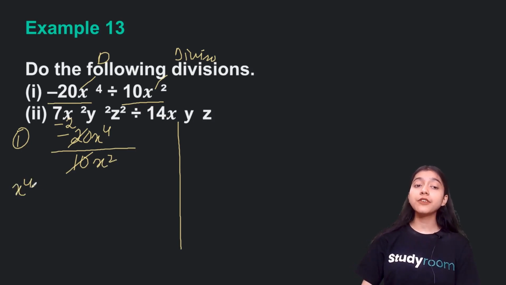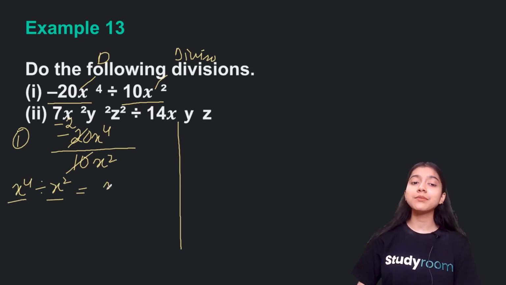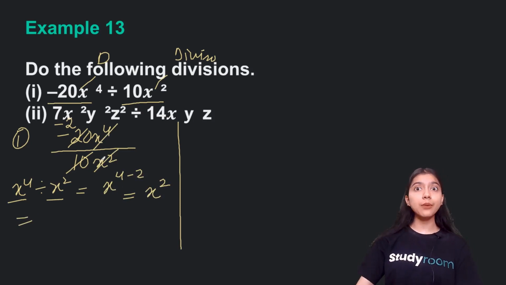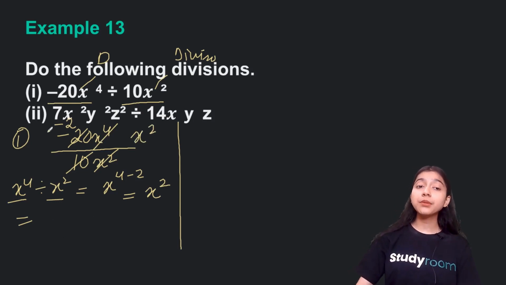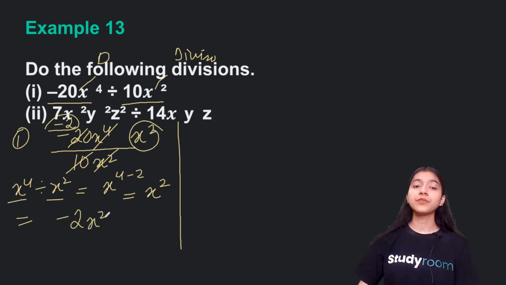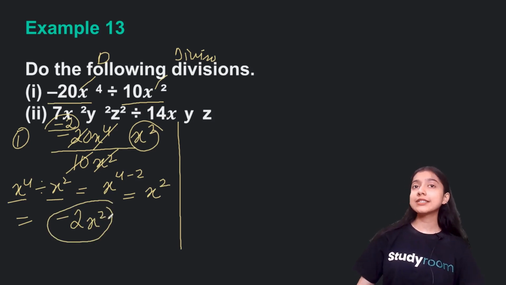That means x to the power 4 is getting divided by x squared. When bases are the same, their powers will be subtracted. That means x to the power of 4 minus 2, which gives us x squared. So x squared will get cancelled with x to the power 4, leaving behind x squared. So we'll be left with minus 2 multiplied by x squared, which gives us minus 2x squared. So this will be our answer when we divide minus 20x to the power 4 by 10x squared.